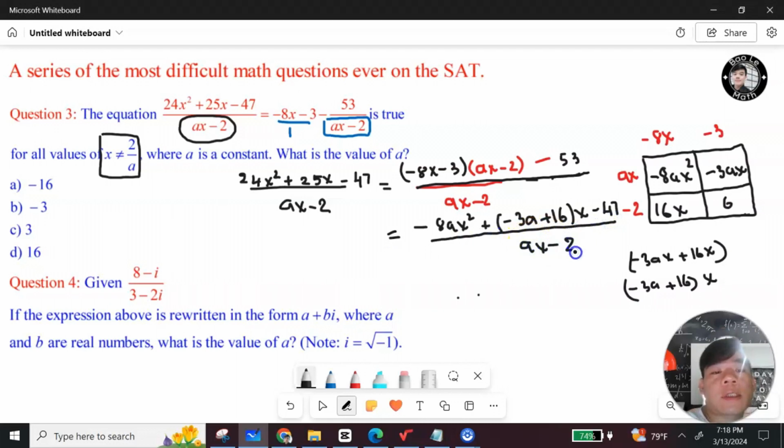as minus 2. Now you should look at the left hand side and the right hand side right here. They have the same denominator. Now you just equate the numerators, okay?